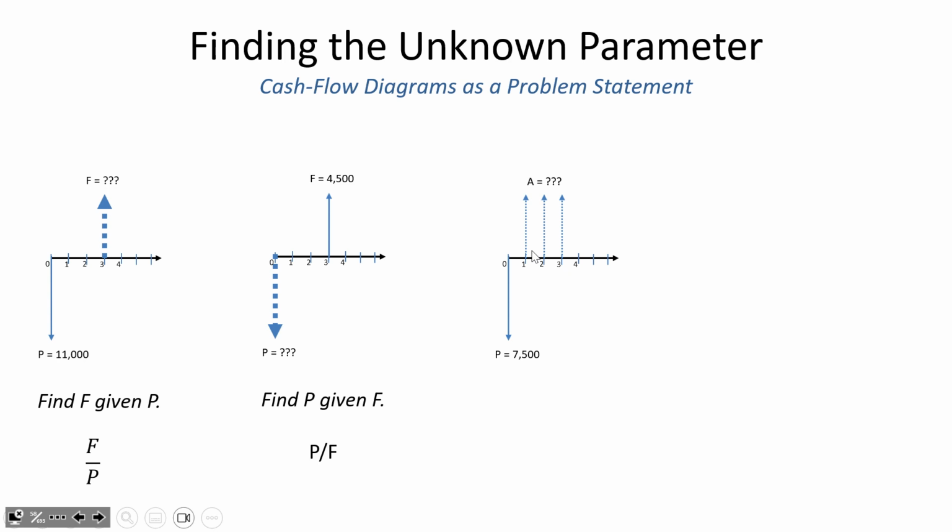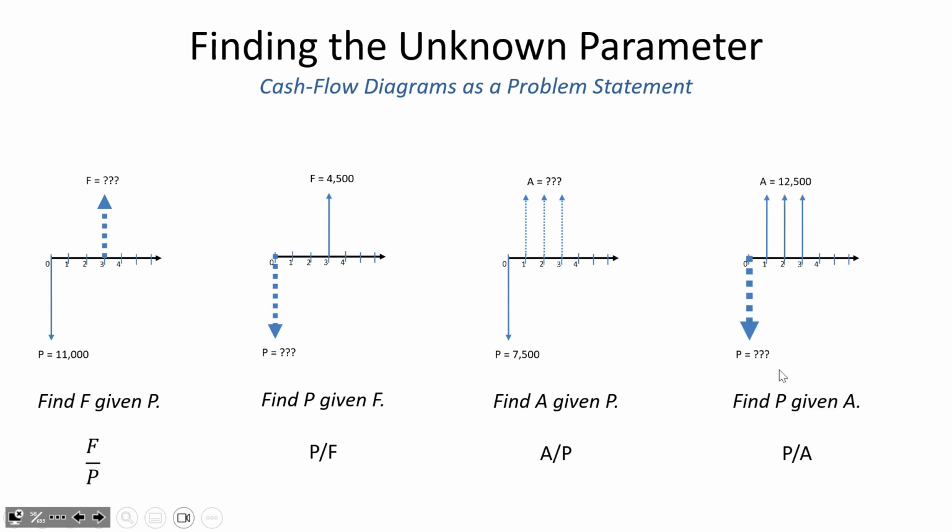So that's just kind of an early glimpse of what we're going to be doing in the future. But here, if we had this kind of a cash flow diagram, we'd say find A given P. A, the unknown, is in the numerator. P, the known, is in the denominator. Here, it's the reverse, where we're finding P given A. A is known, P is unknown.